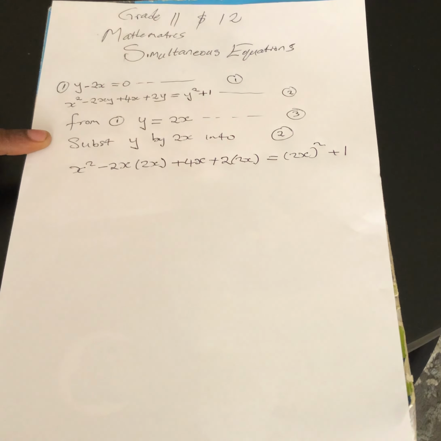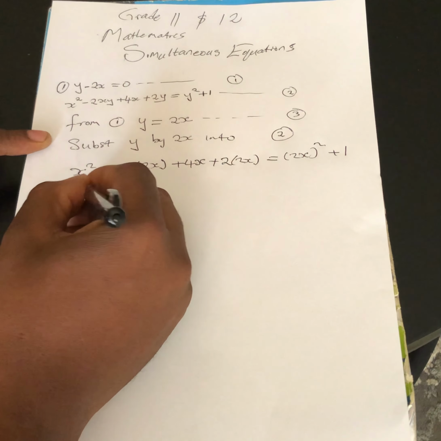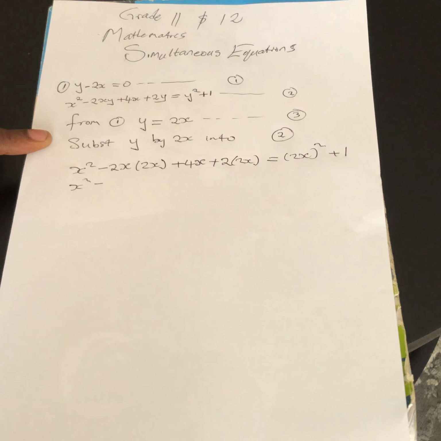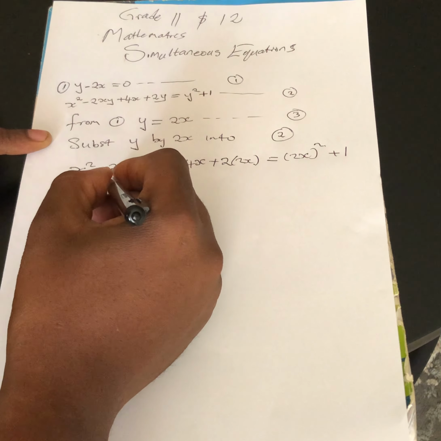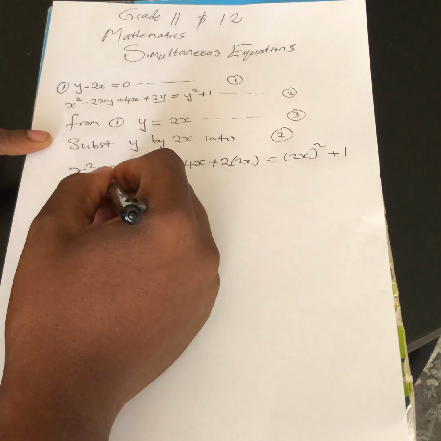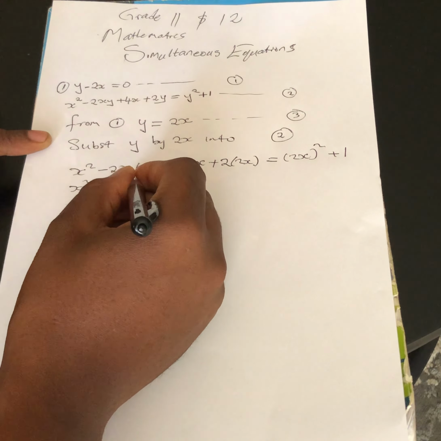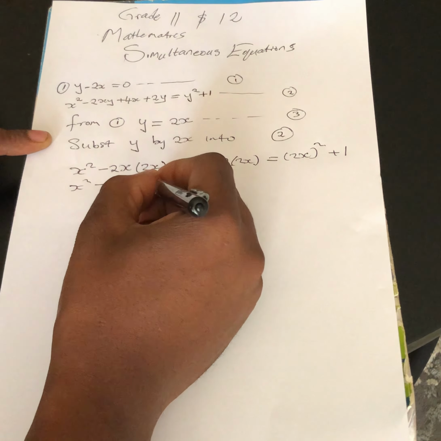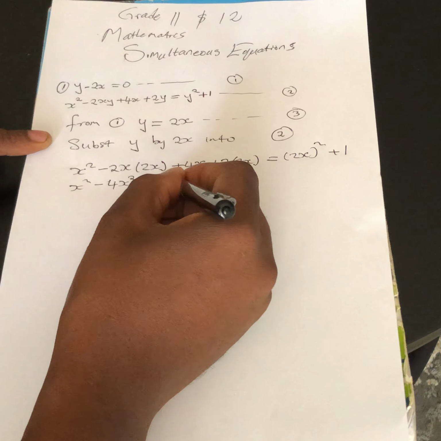You begin to simplify this and solve for x. Then x squared minus, then you're going to say minus 2x multiplied by 2x. The answer is going to be minus 4x squared plus 4x.